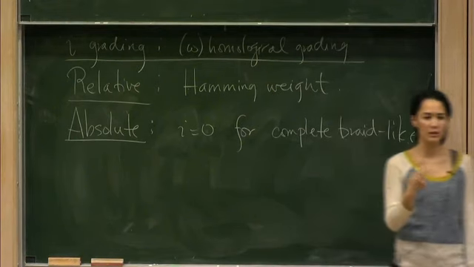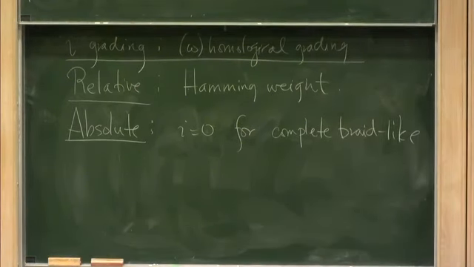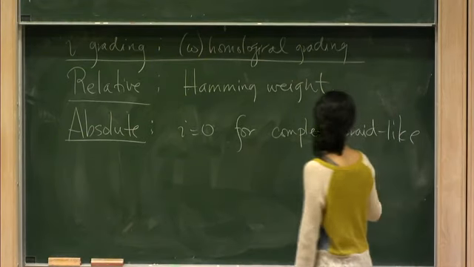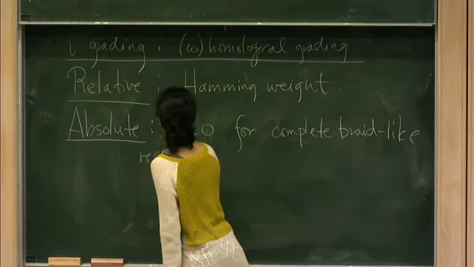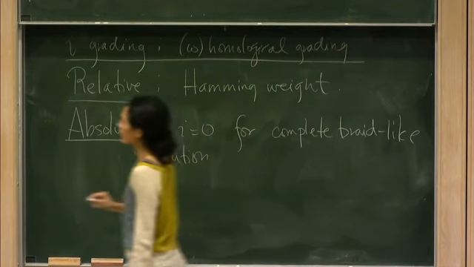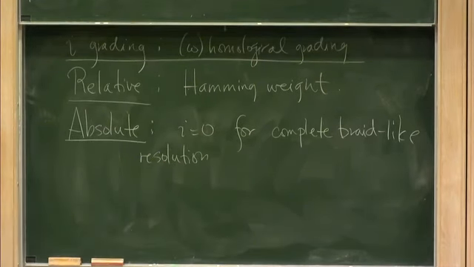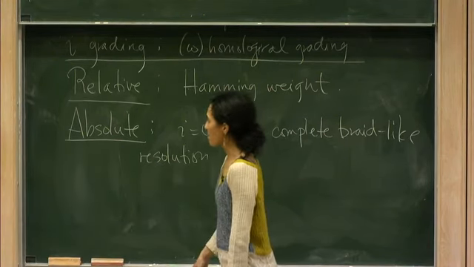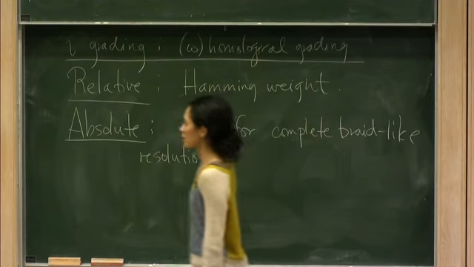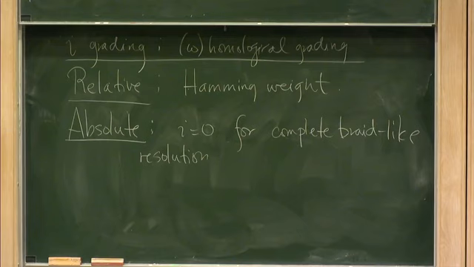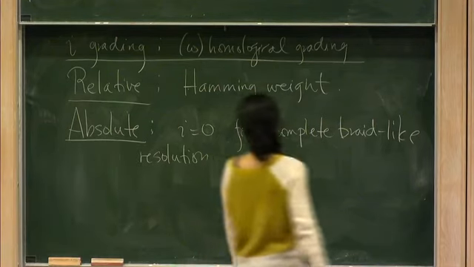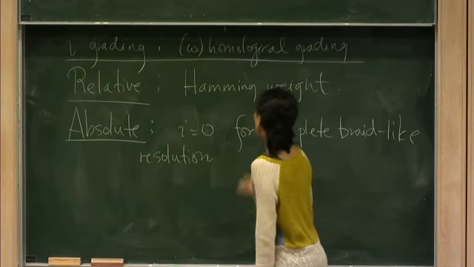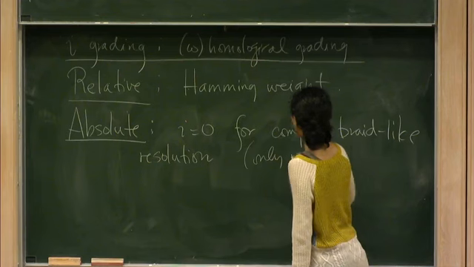There's a single resolution that is itself a braid, a complete braid-like resolution. And that's this one. Everything else has backtracking. And we just assert that this is level 0. So that tells us where everything else is. So of course this only works for braids.